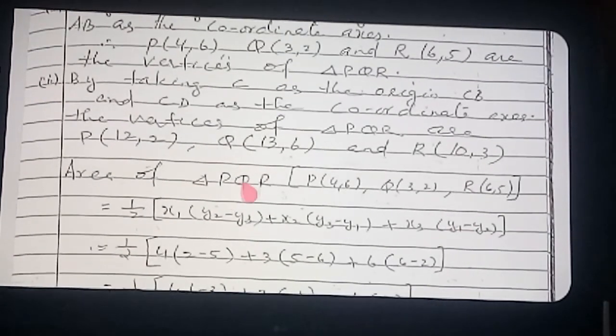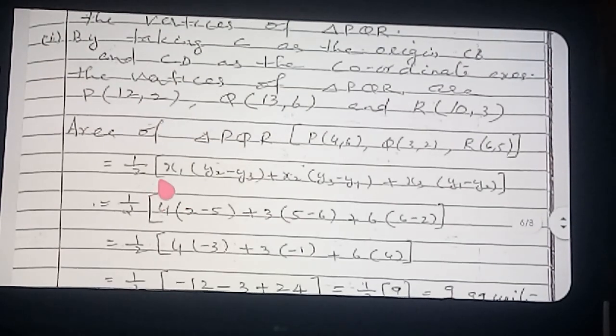Area of triangle PQR you will find out. The coordinates are P(4, 6), Q(3, 2) and R(6, 5). First case. Find out the area. Apply the formula: half into x1 into (y2 minus y3) plus x2 into (y3 minus y1) plus x3 into (y1 minus y2). Apply all the values here.